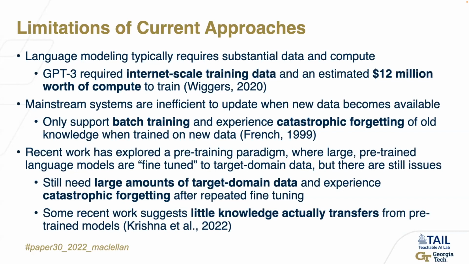If you're repeatedly fine-tuning the model, say as new data is constantly coming in, then eventually you start to forget some of the things that were part of the original pre-training, if you're not including that data in the training of the model. There's also some recent work that we came across, which suggests that very little knowledge is actually transferring from the pre-trained models.